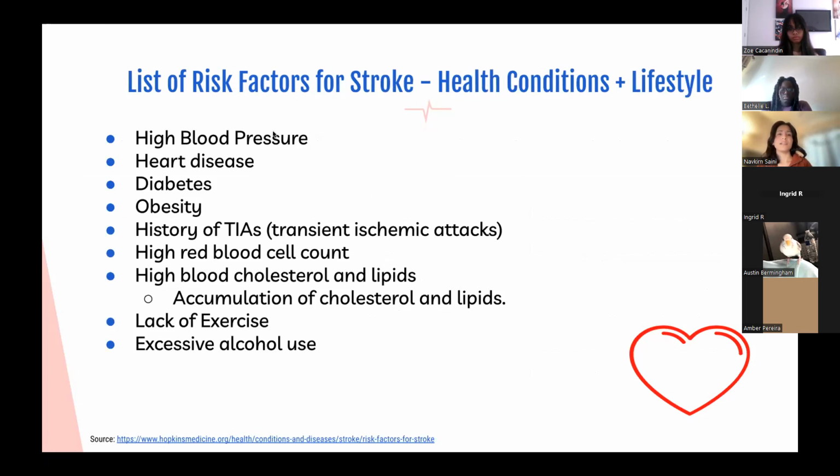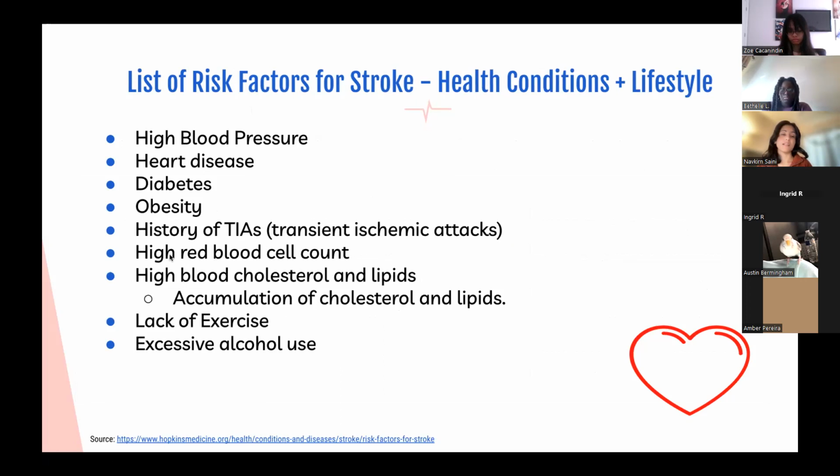And then again, this is a review of risk factors for stroke. So again, high blood pressure, heart disease, diabetes, obesity, a history of transient ischemic attacks. So this kind of relates to your heart. I believe it relates to heart attacks.